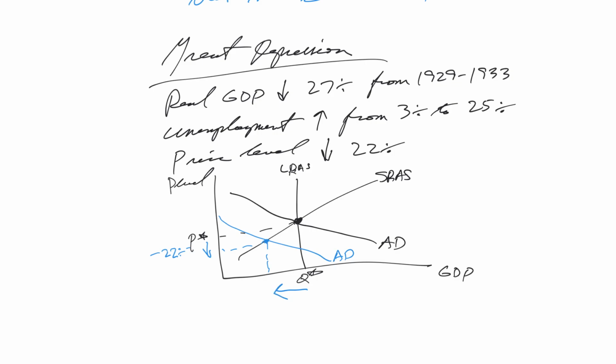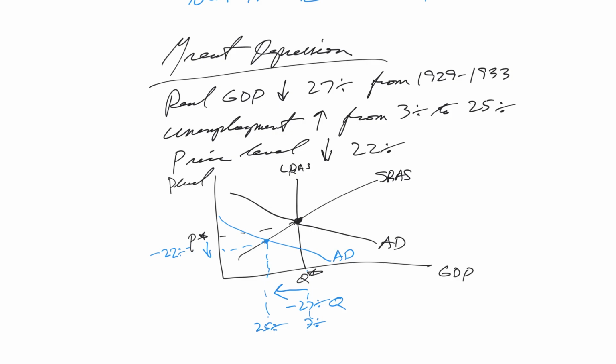This here in output, this is minus 27% in output. And unemployment went from 3% to 25%. Okay. So unemployment was 3% here and 25% here.